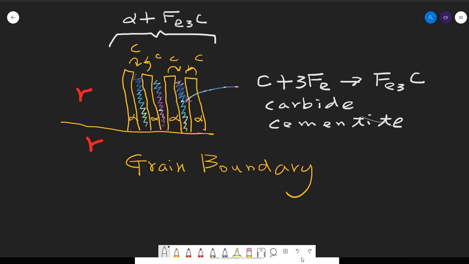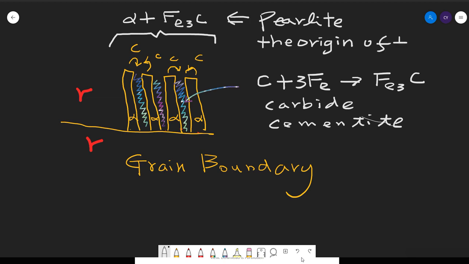We call this kind of microstructure pearlite. So we say pearlite is the origin of the strength of steel.